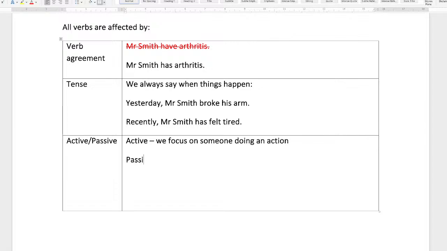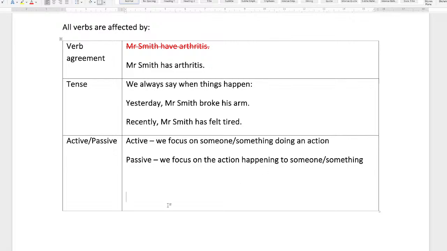In the passive, we focus on the action happening to someone or something. Not always, but most of the time in OET writing, it will be someone. So what we're doing here is we're switching the focus. We're not talking about someone doing something. We're talking about something happening to someone or something.